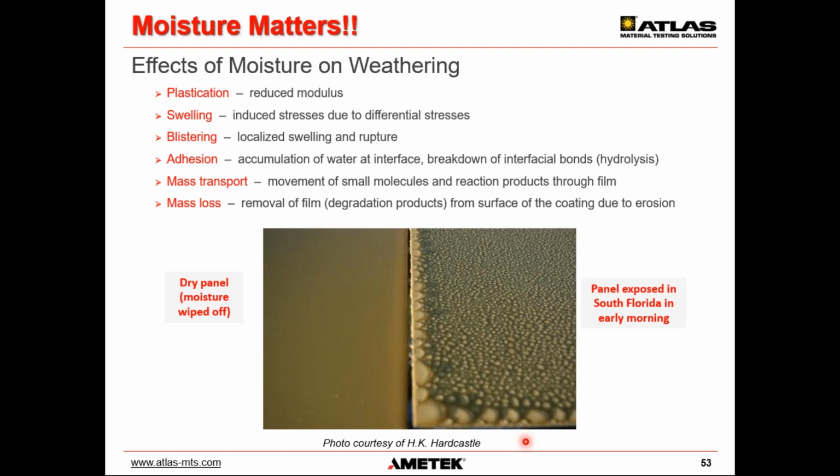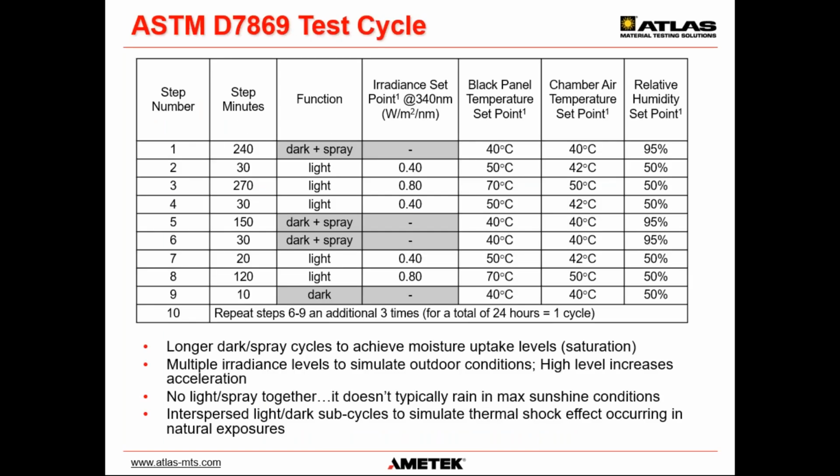You see blistering of the coatings because of moisture intrusion, and loss of adhesion. Water serves as a mass transport agent, and it also serves as a mass loss, removal of degraded film from the surface due to erosion. So water does play a critical role.